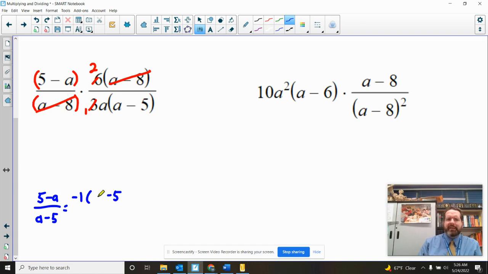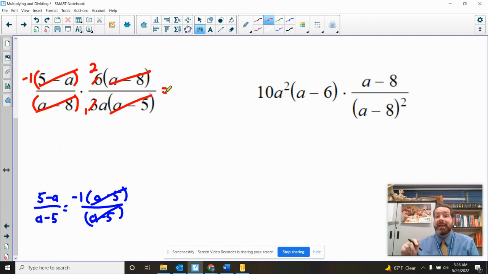Negative a divided by -1 is a. Now it's maybe a little easier to see, okay, yeah, this and this can reduce away to a 1, but what's left is actually this -1. So can you reduce 5 minus a with a minus 5? Yes, as long as you replace one of them with the number -1.